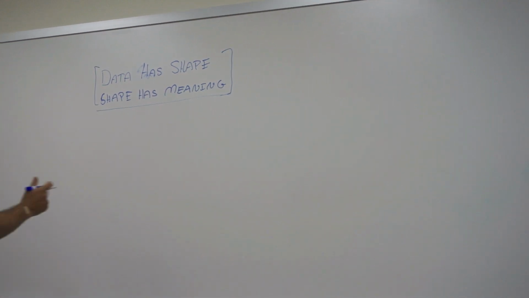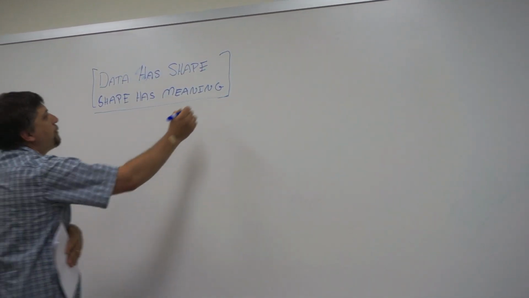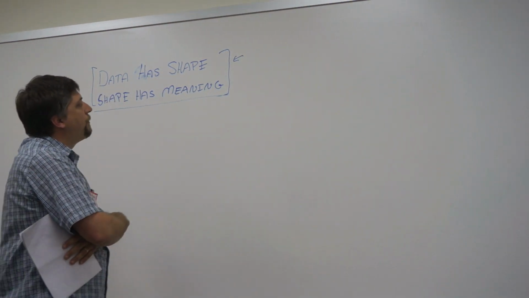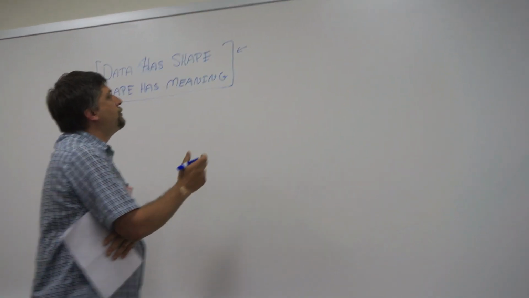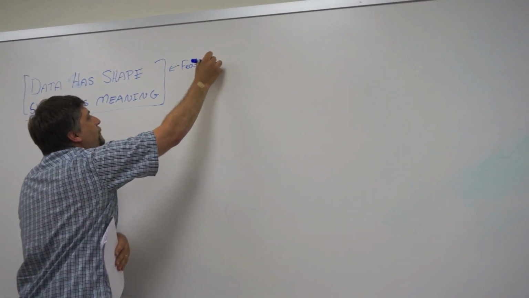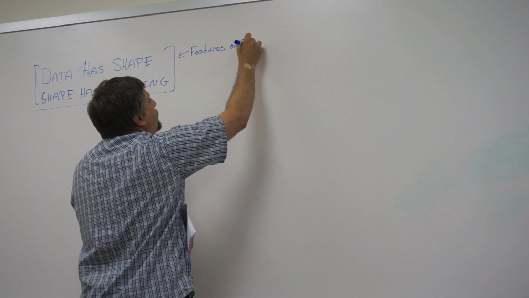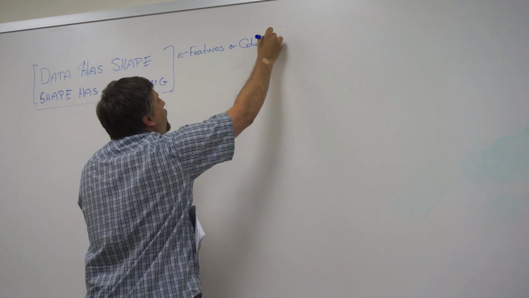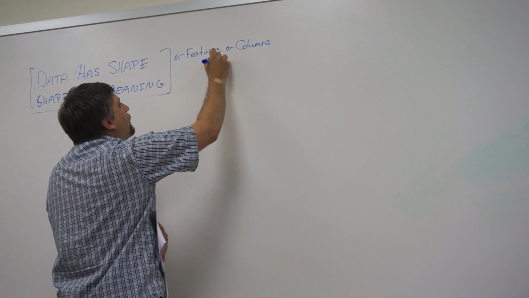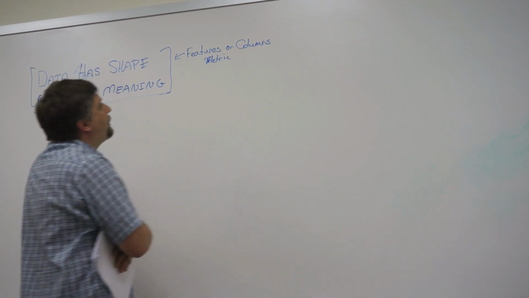Let me say a quick bit about the part I'm not going to talk about. How do you create shape from data? Well, you choose a set of features or columns to measure about something, and then you have a metric on those features.